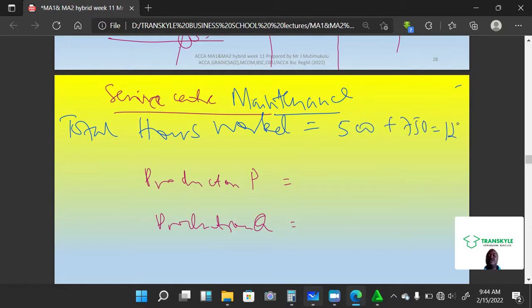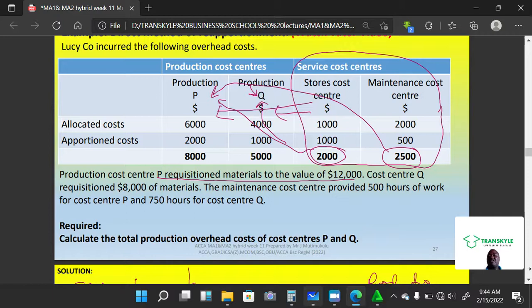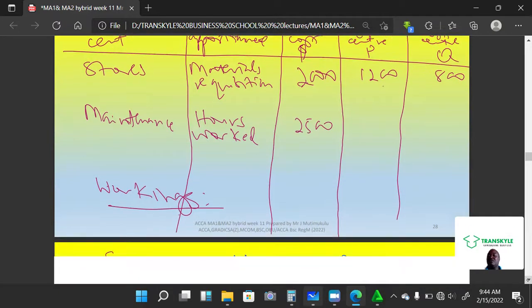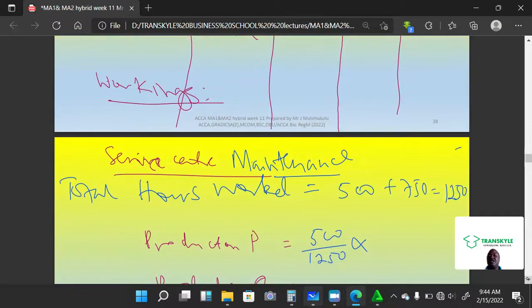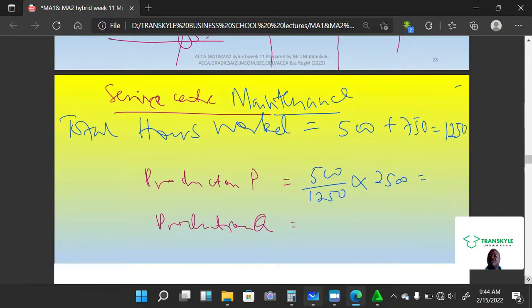This gives us 1250. So the apportionment goes like this: 500 over 1250 multiplied by the total. The total was 2500, but we have already written it here so that we won't be confused with exam pressure. We have to share the 2500 between the two cost centers.